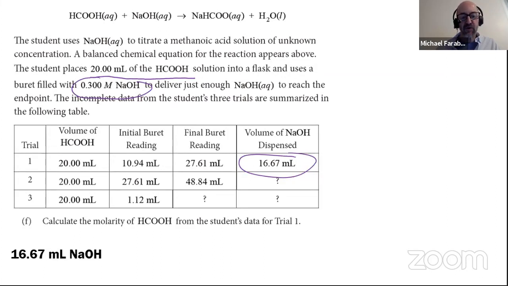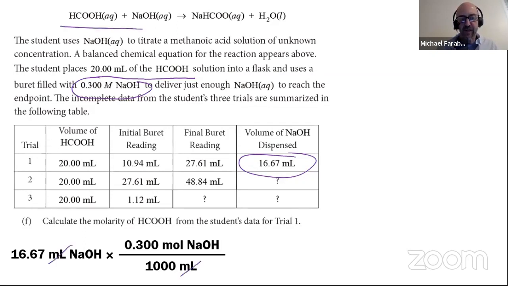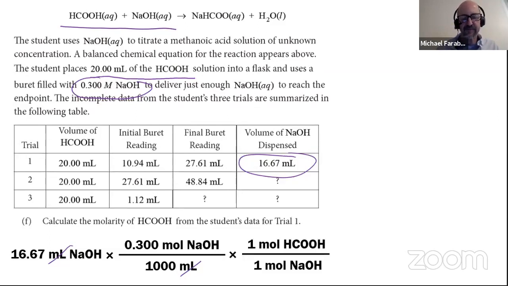Now, 0.300 capital M, that means 0.300 moles of sodium hydroxide per 1 liter. I have written this conversion factor as 1,000 milliliters so I can get my milliliters to cancel out. As you can see in the stoichiometry, there is a 1-to-1 mole ratio between the acid and the base.